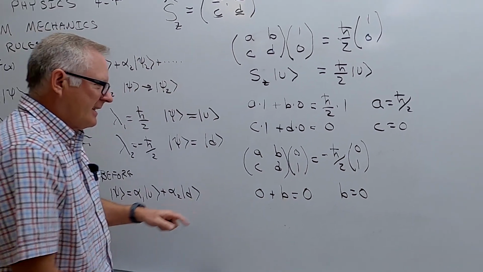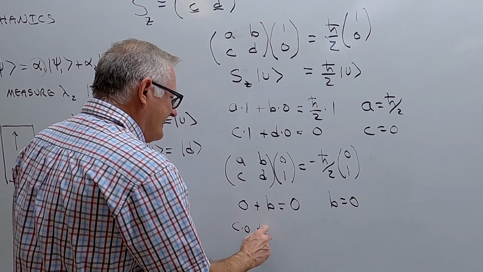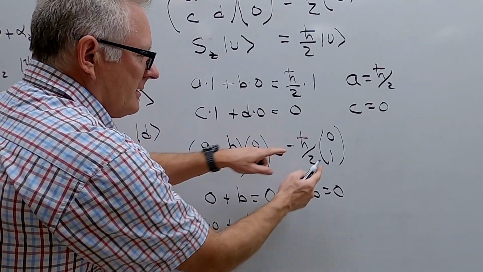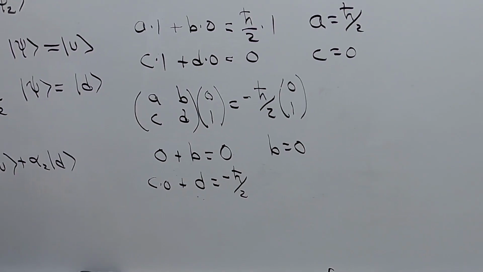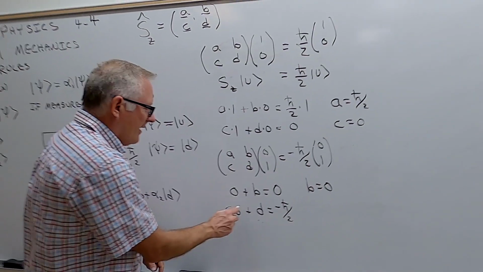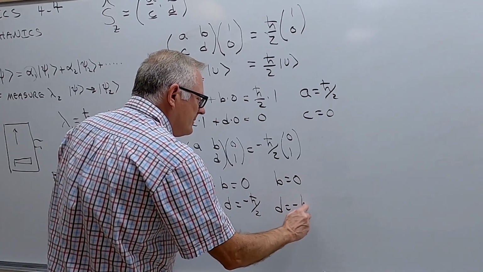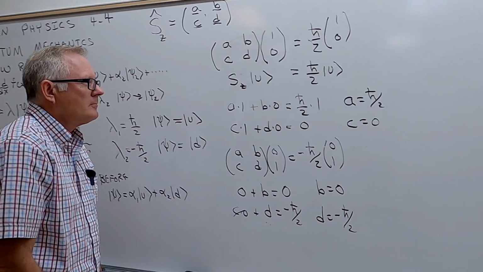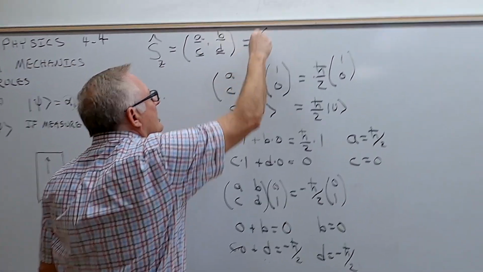And then the last case here, C times 0 plus D equals minus h bar over 2. Okay, so D, this is gone, so D is minus h bar over 2. So I know A, B, C, D, so I know what this is.